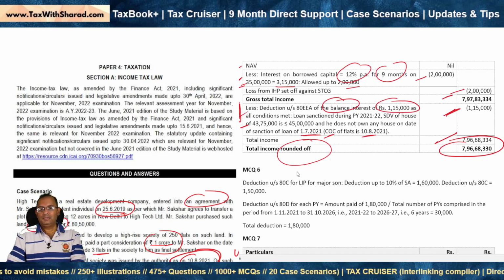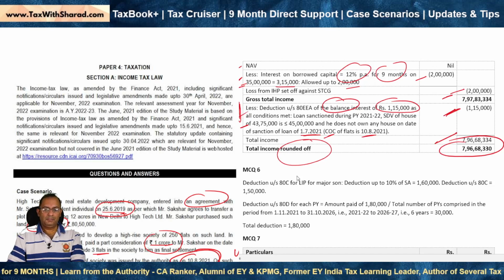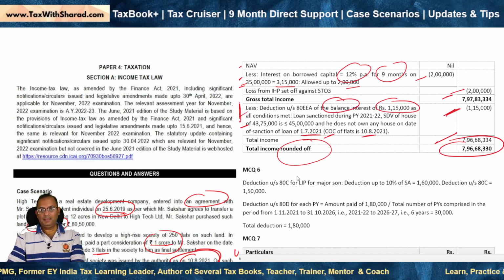If you really want to succeed in the CA Intermediate tax exams, it's really critical to have a really solid grasp on interlinking concepts. For your benefit, there is something called an interlinking compiler, which I call Tax Cruiser. It's free of cost, and it's available on tax.sharad.com. What you need to do is, if you don't have it yet, then you can just go and sign up on the Tax Cruiser pack and then download the Tax Cruiser and go through it.